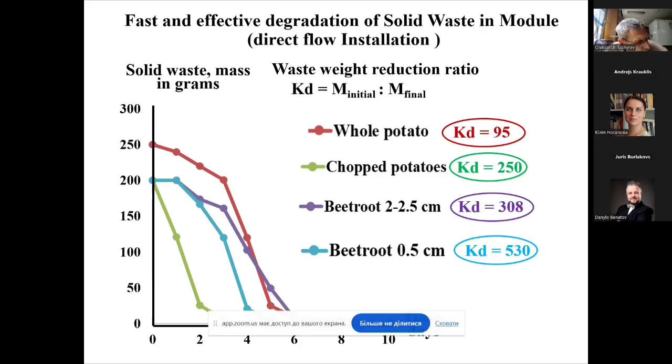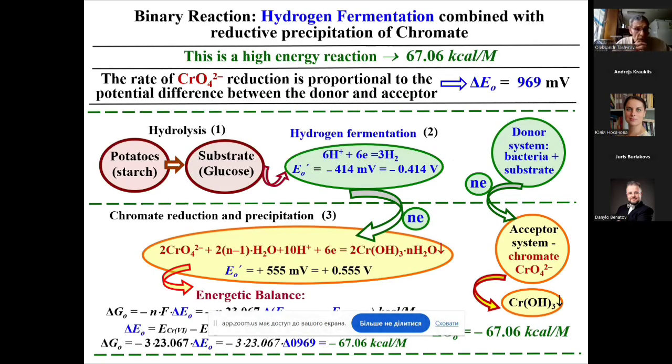I will remind you that in the spontaneous process in the dumps, over 10 years, one can obtain the mass degradation of solid waste only by 2 times. So here you can see the confirmation of the suitable application of thermodynamic prognosis for practical application in biotechnologies.